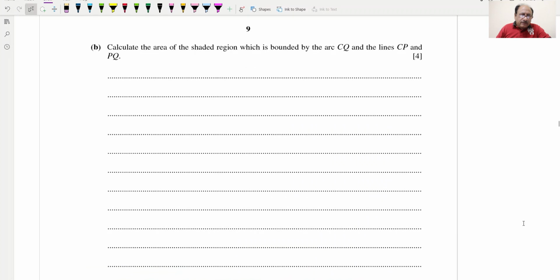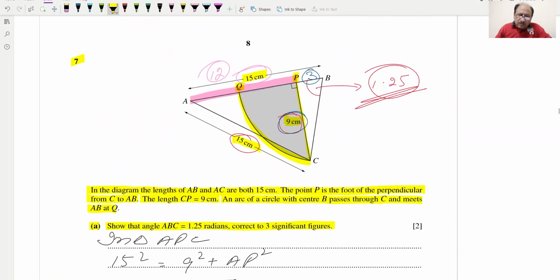Now for part B, calculate the area of the shaded region which is bounded by the arc CQ and the lines CP and PQ. So basically the shaded area is required. What will be our strategy to solve the question?